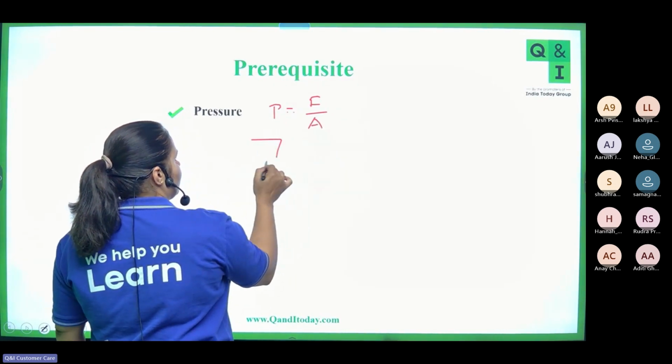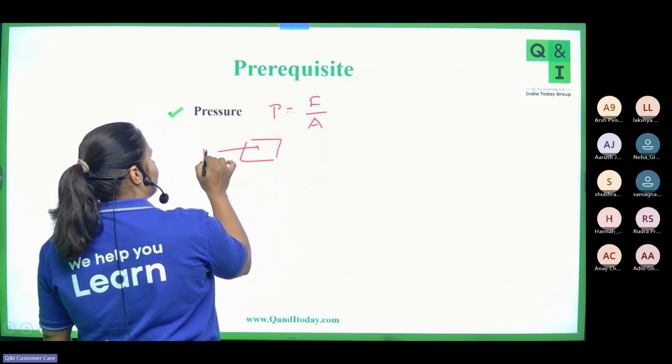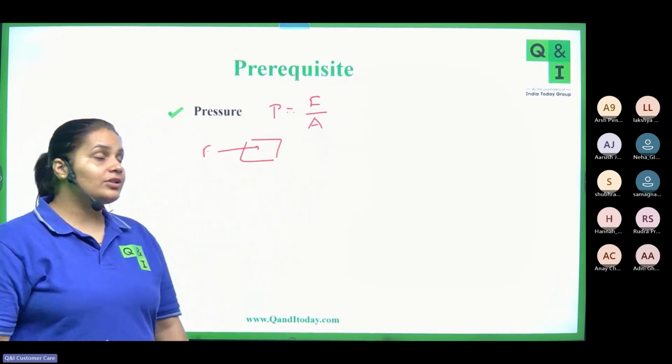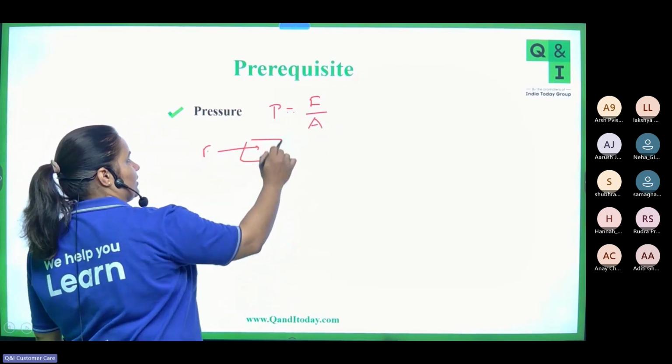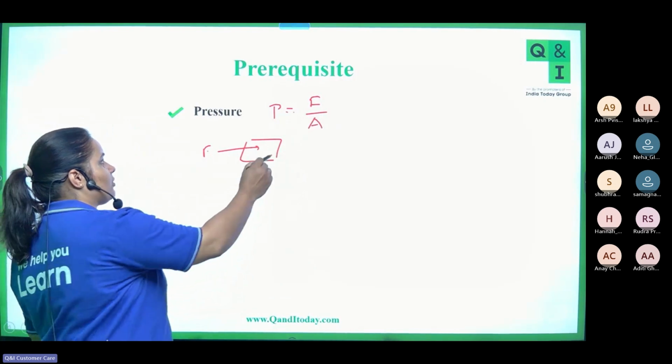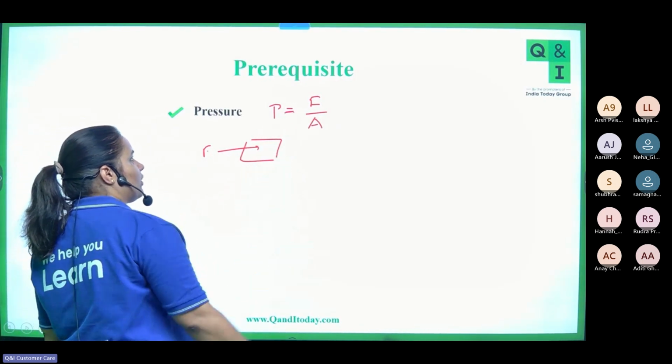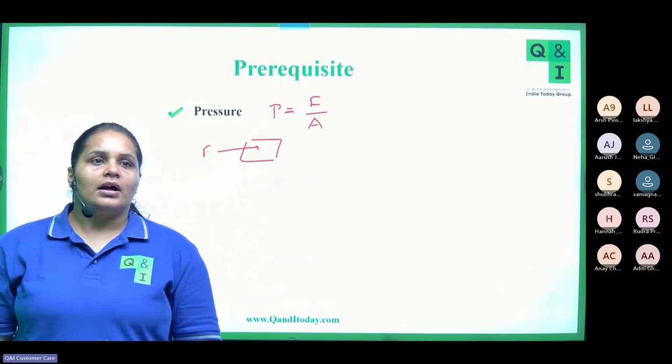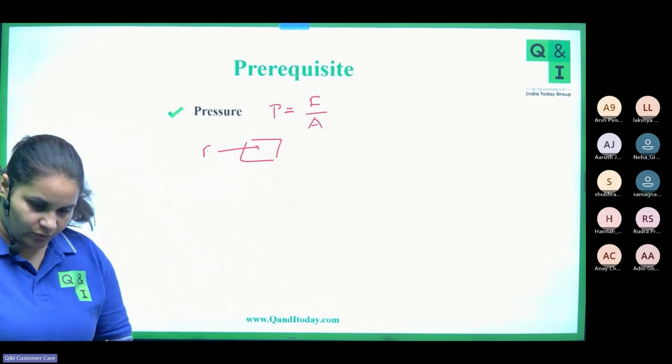So per unit area, how much force is applied, that is pressure. Do remember this, because we are talking about gas, so we need to know about pressure also. Okay, fine. So let's move ahead now.